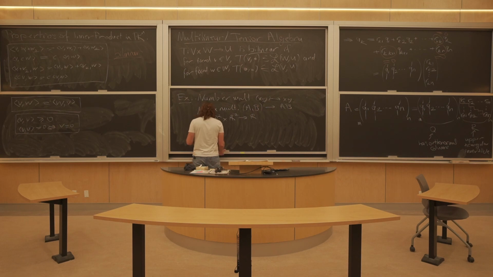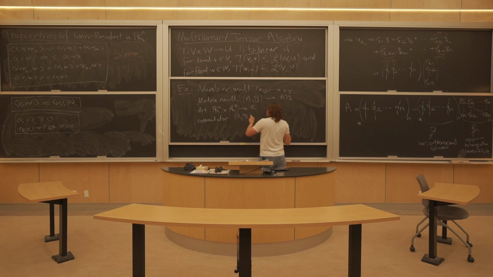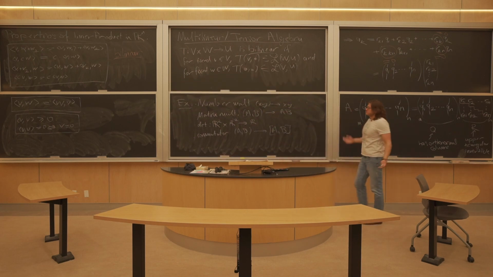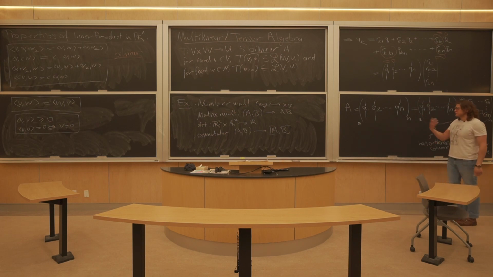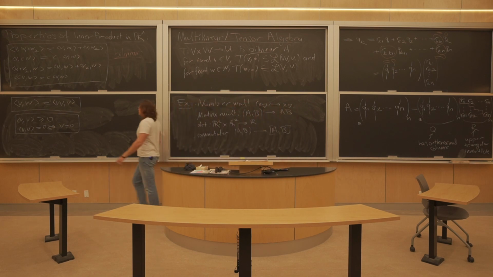Commutator of two matrices. Take two matrices and send them to their commutator. Okay? These are some examples that you're already familiar with that are bilinear transformations.